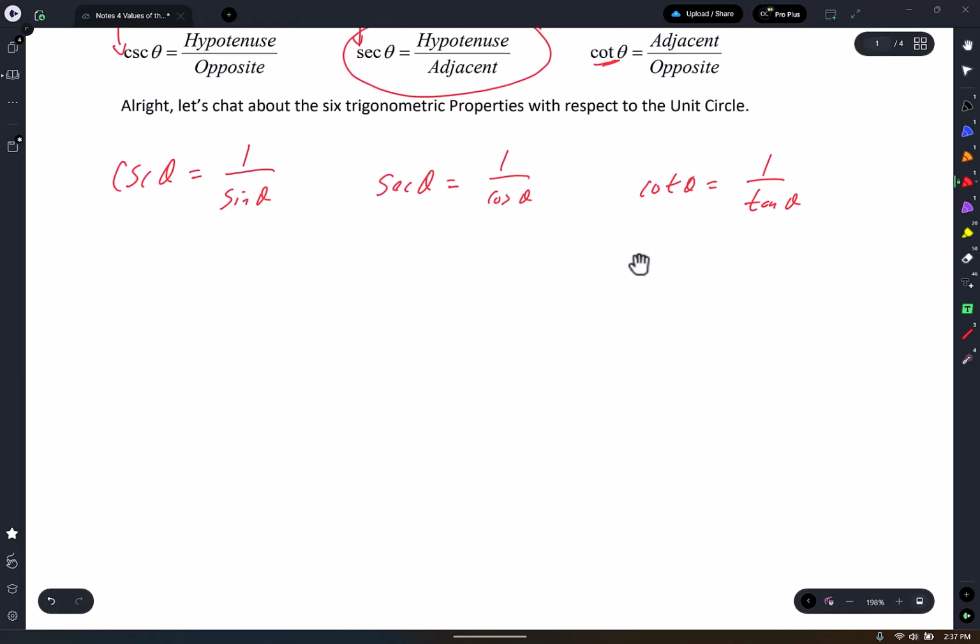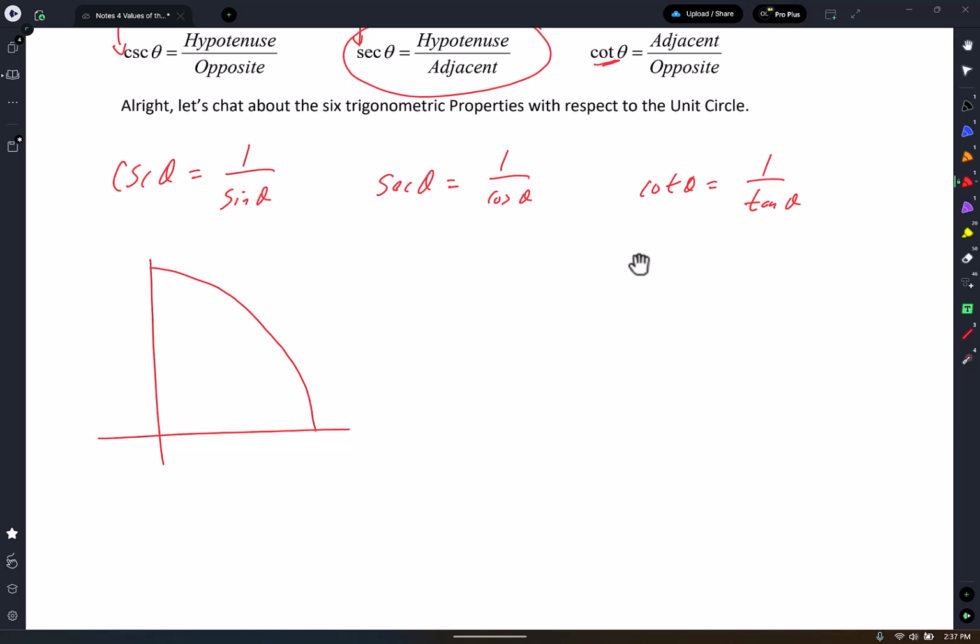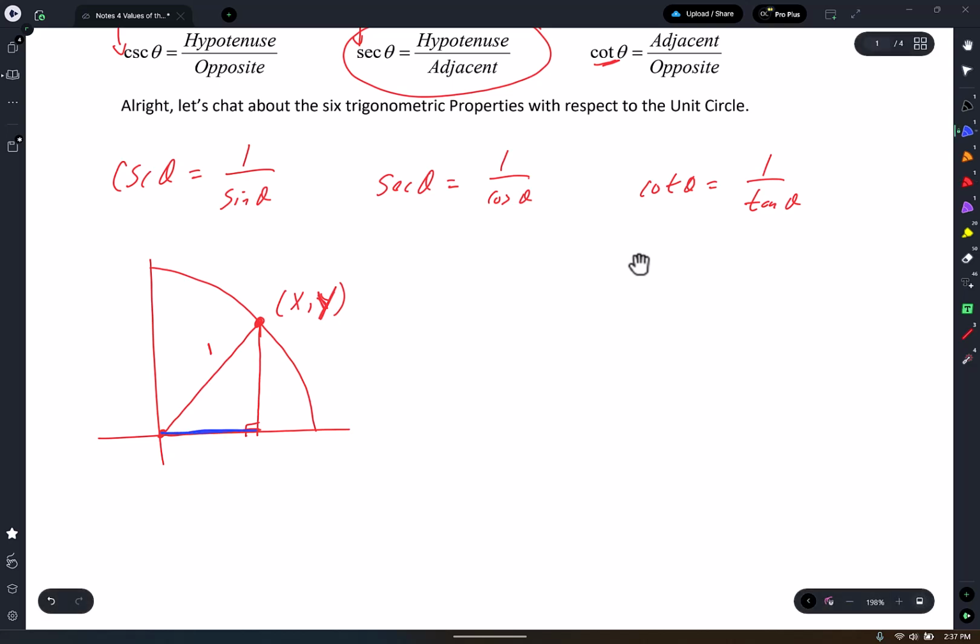So if I reference the first quadrant here, and I call this the unit circle, and I say this radius is 1, and this coordinate is some x comma some y. My horizontal displacement, this distance here, is just some x. This vertical displacement is just some y.